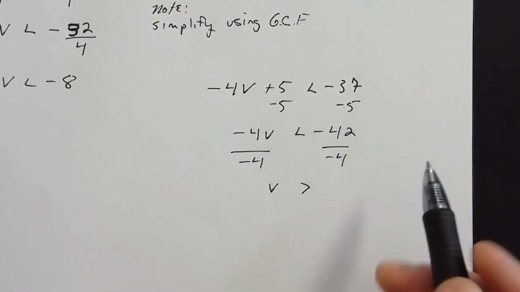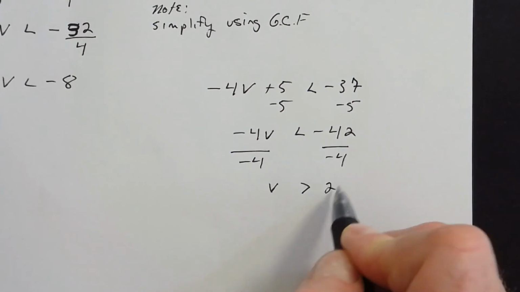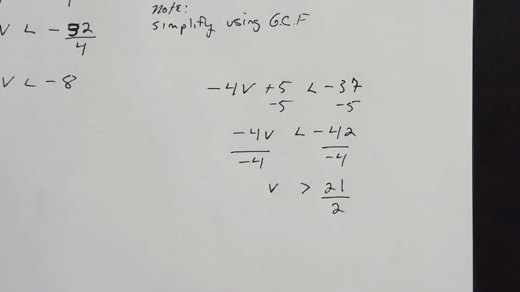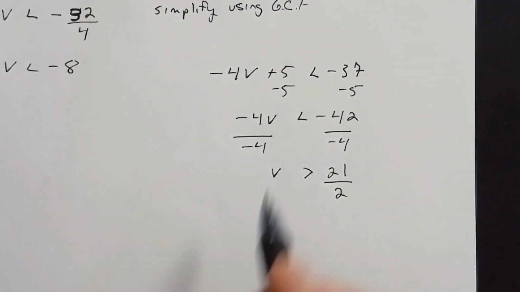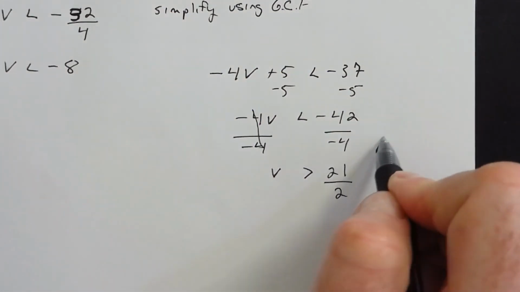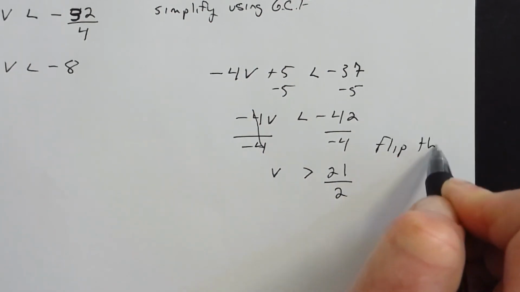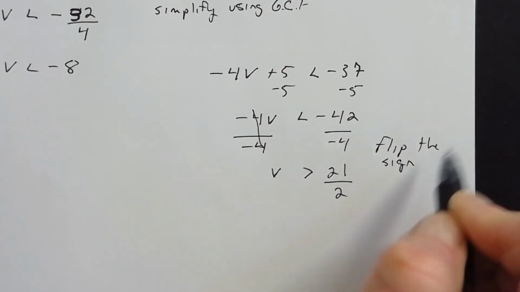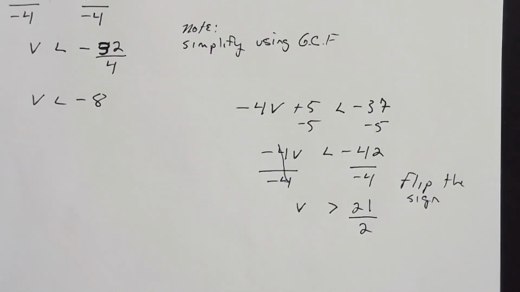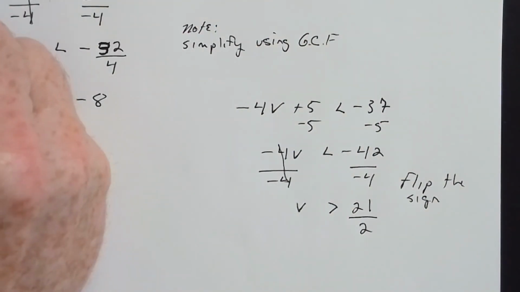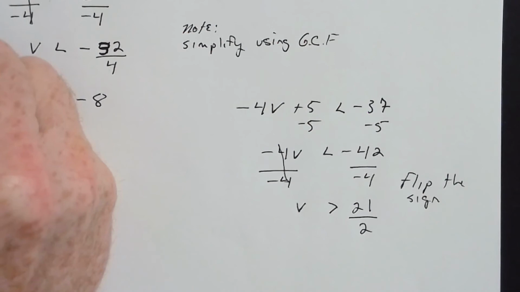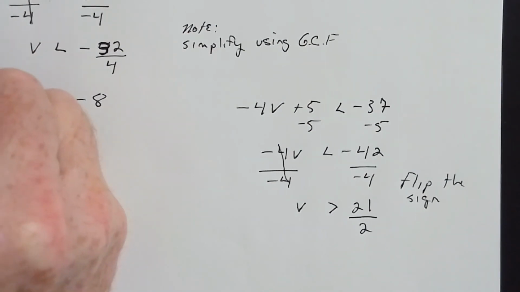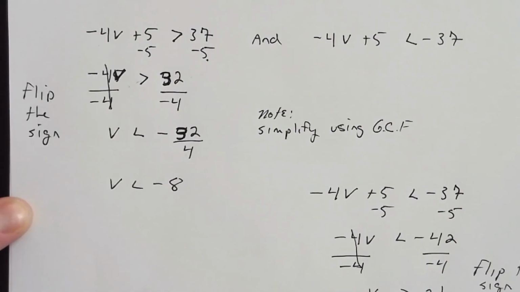So 2 goes into 42 21 times. 21 over 2. Make sure you flip the sign. Same thing here. I'll flip the sign there too.